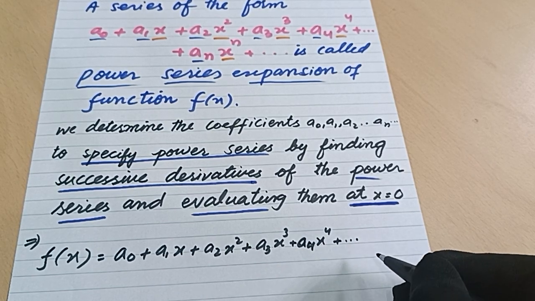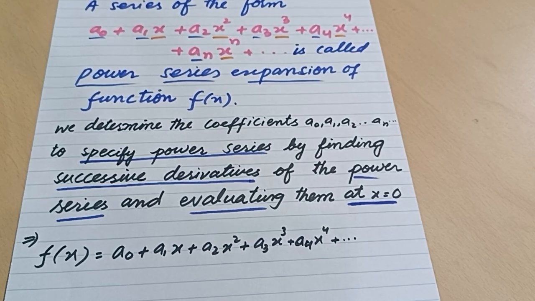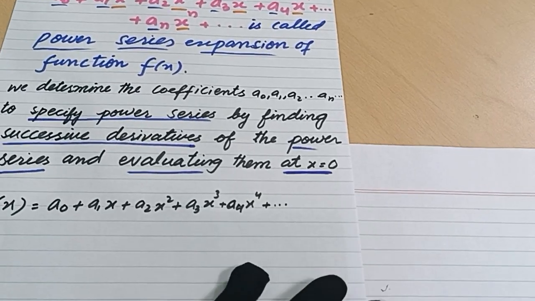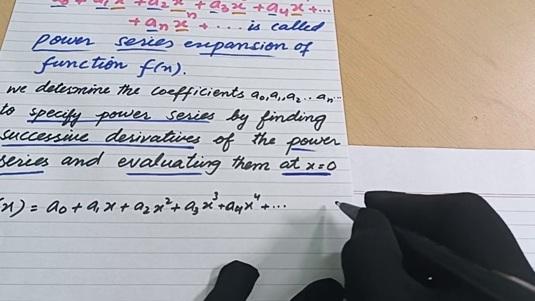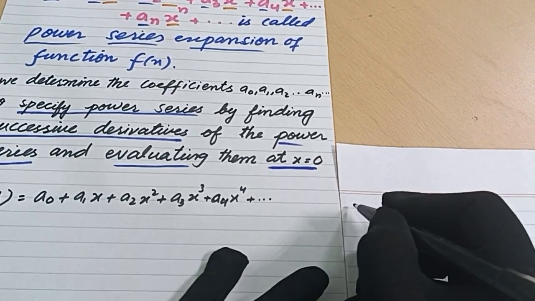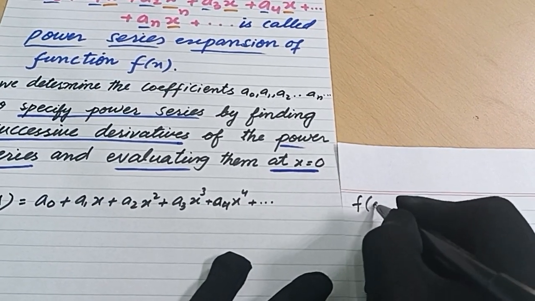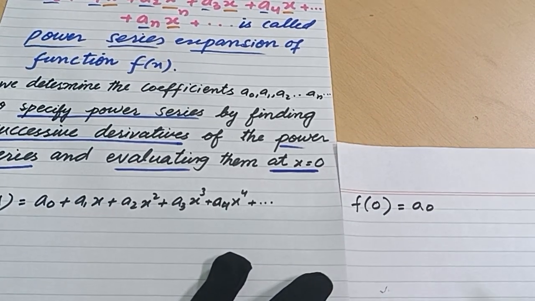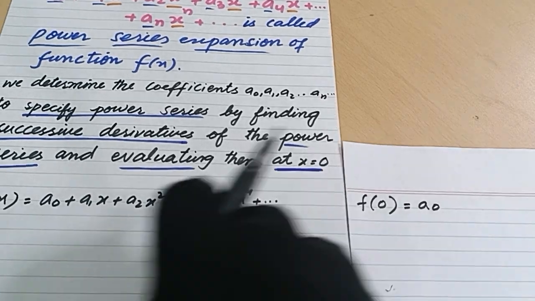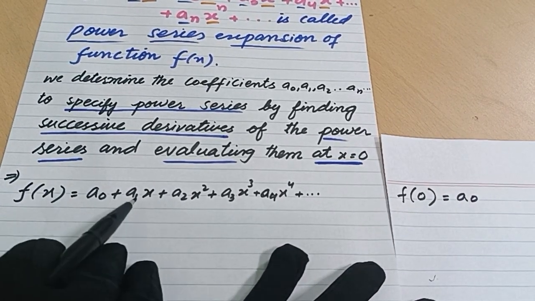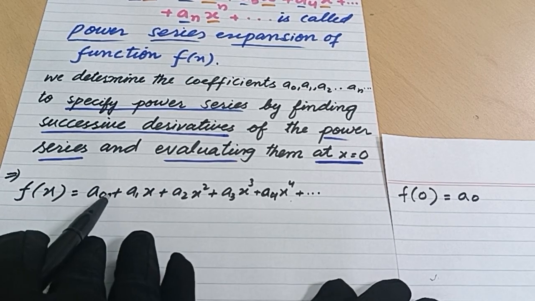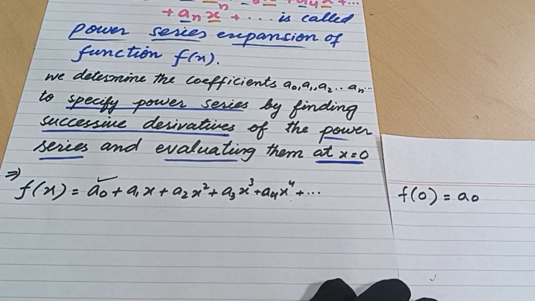If I want to find its value at f of 0, it will become only a constant number. If I put x equal to 0, all terms having the variable will become 0, so only the constant term will be left.